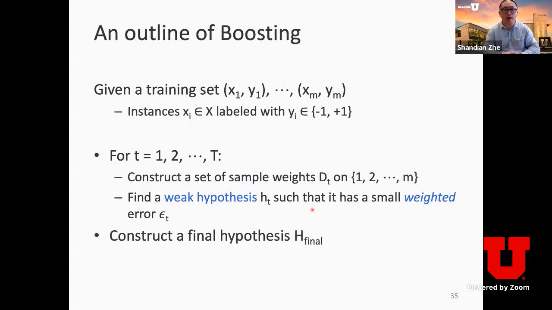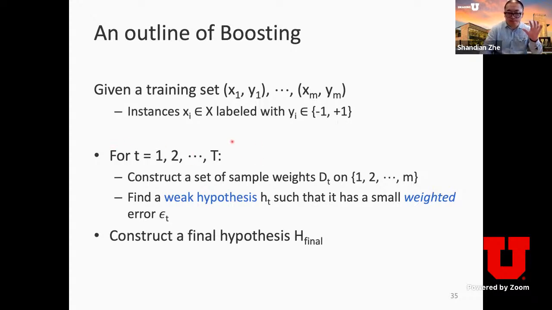Now we give an outline of the boosting algorithm. Suppose we have collected a set of m training examples, (x1, y1) to (xm, ym), where each instance xi is labeled by yi, which is either -1 or +1.